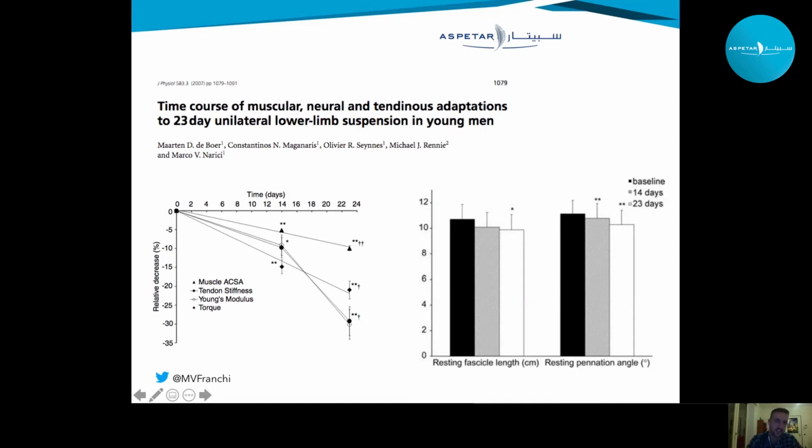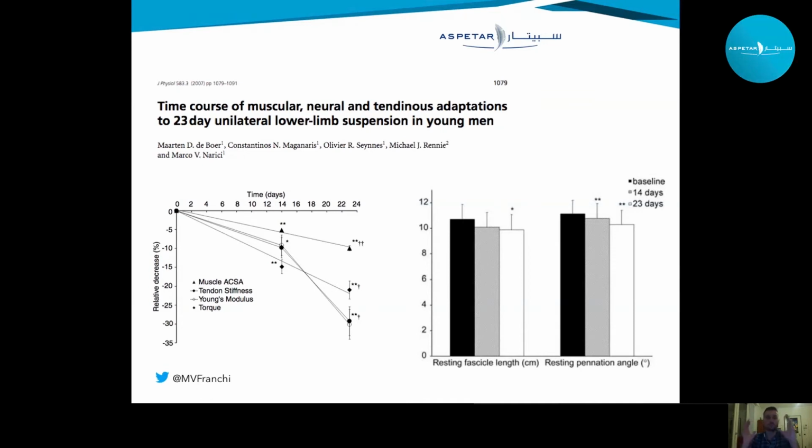And you can see that there's a relative decrease also in torque, Young's modulus, tendon stiffness. But look at the muscle architecture. There's a change after 14 days in pennation angle, a significant decrease, and there's a significant decrease also in fascicle length after 23 days of unilateral lower limb suspension.